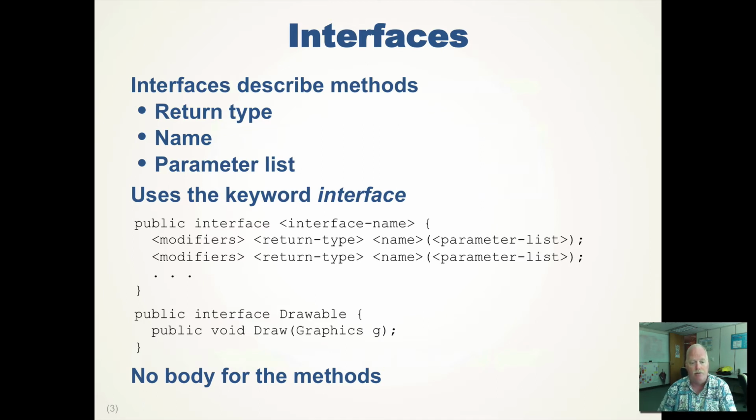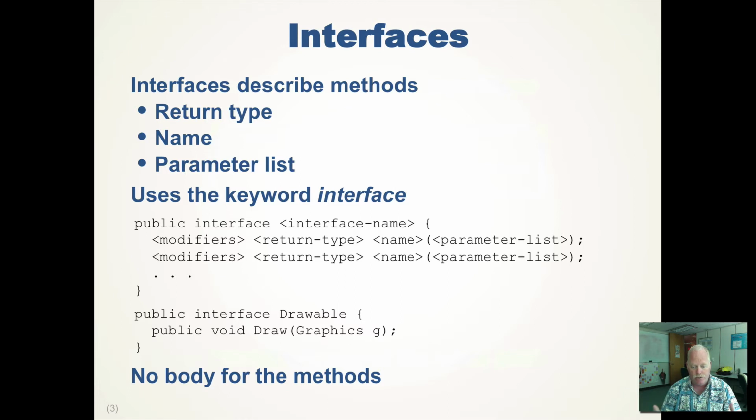For example, we have a concrete interface, Drawable, that is public interface Drawable. It has one method, public void draw, and it takes a parameter of type Graphics. And notice the semicolon, there is no body, there are no open curly braces. That is just saying we need to have that method draw, and the method is going to return void, and it's going to have one parameter of type Graphics.